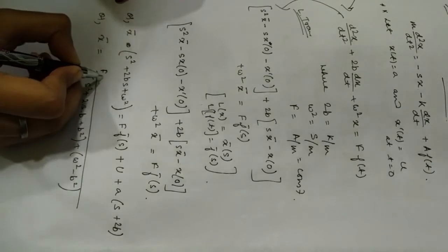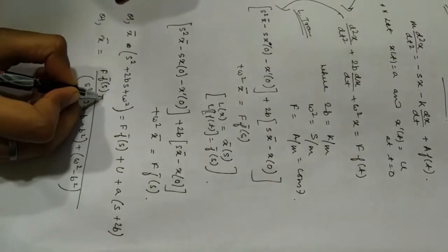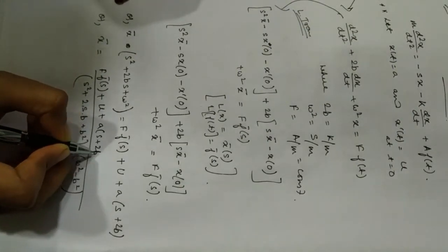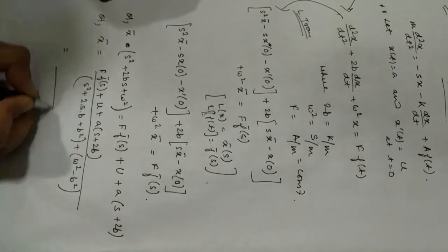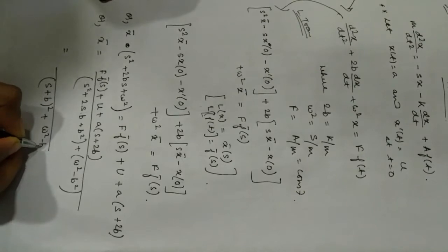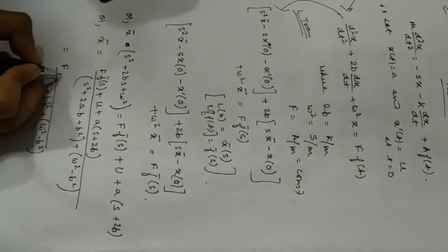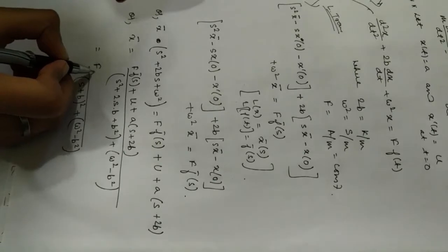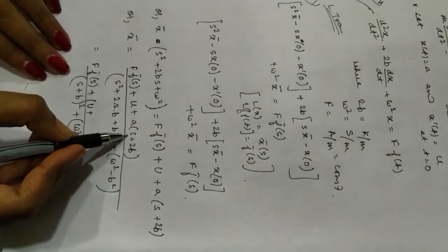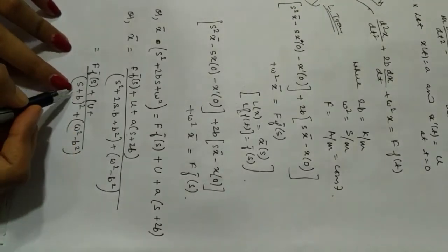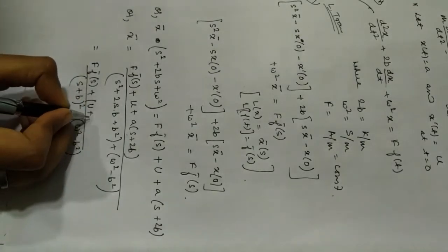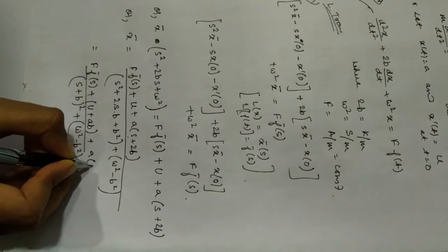Over here we have f bar s plus u plus a s plus 2b is equal to s plus b whole square plus omega square minus b square, and we have f bar s plus u plus, see, over here we have s plus 2b and over here we have s plus b, so we will distribute the b among u and s, so this becomes u plus ab plus a s plus b.